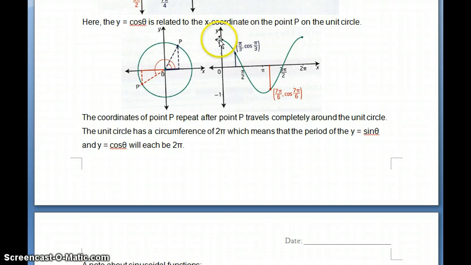If you compare that with the graph, that's exactly what's happening. We go from 1 to 0, down to -1, to 0, and then back up to 1. So we're going from 1 to 0 to -1 to 0, and then back to our starting position of y equals 1. A nice little relationship there.